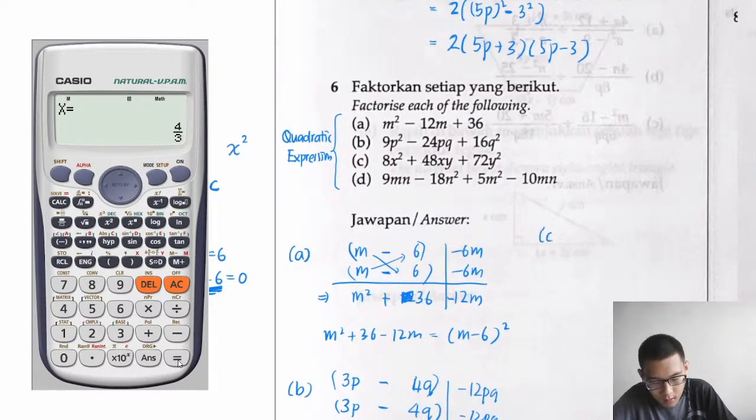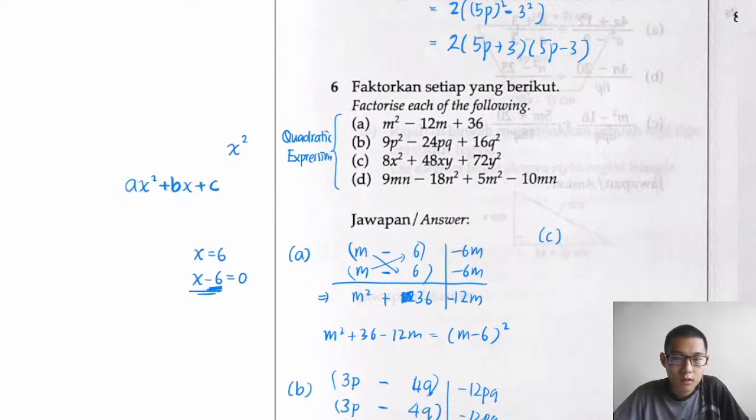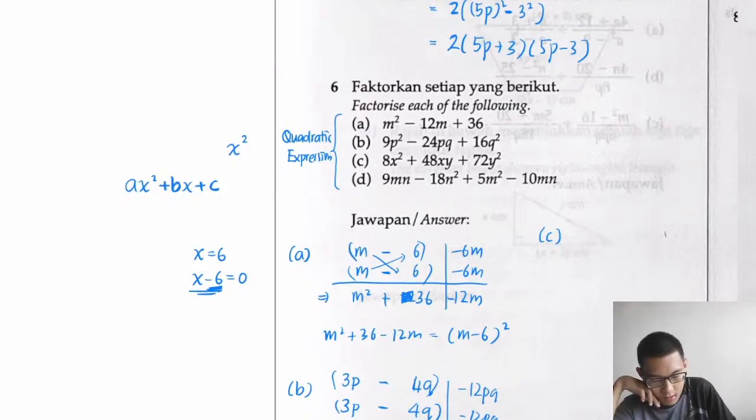So for C, let's try without using a calculator. A calculator we can use for checking the answer, but now I try to write it down like this. So we have this and this, because the like term xy is in between.